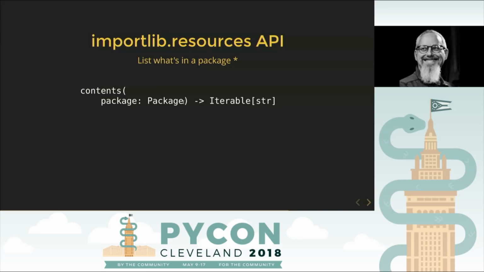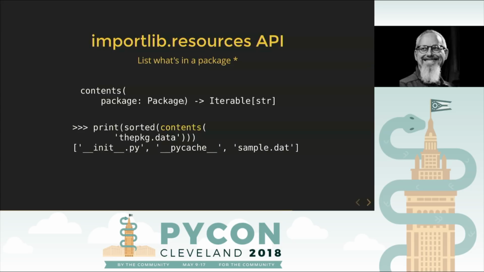Now you'll notice that it doesn't return a list of resources, and that's again a deliberate choice, because here's an example in the interactive interpreter where you're getting all the contents of the package.data, and you'll notice because it got imported, there's a dunder PyCache directory, right? That's why you get a list of strings, because the items that contents returns are not guaranteed to be resources. It's just like an OS lister. You get everything that's in there.